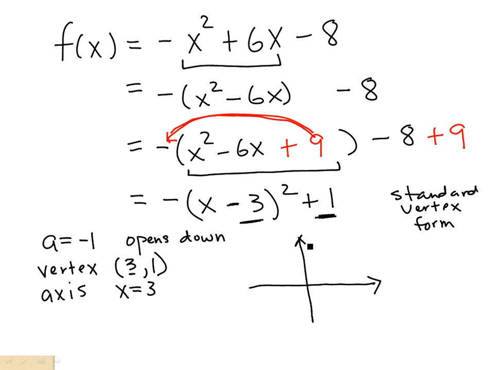Now I know that my graph will open down this time, so when I go to the right 3, 1, 2, 3, and I go up, when I put my point here, my parabola should be going down. We have f of x equals negative 2x squared plus x minus 1.